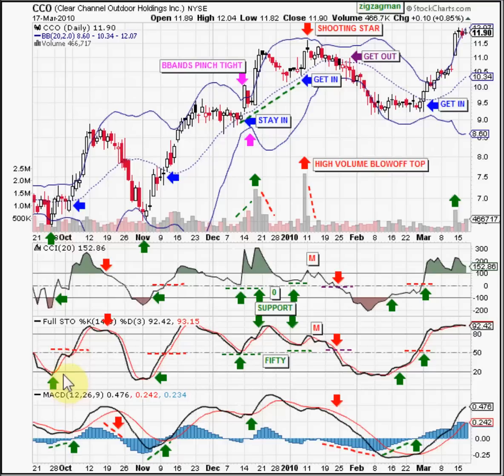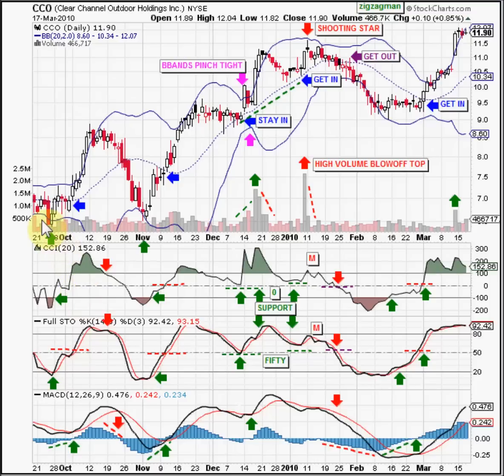First of all, when a stock rises through the middle Bollinger Band, there was a little bit of a hesitation here at the 50 line and at just above the 0 line of the CCI, but then it pulled back and broke back out.